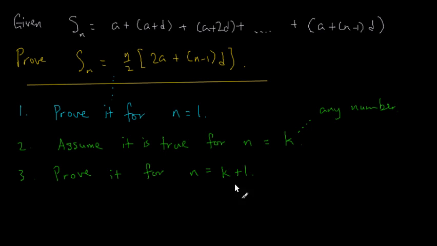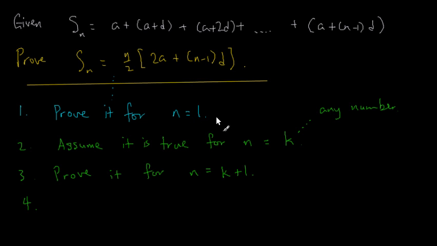So these are the three main steps, and once we can do this, we can then conclude that if it's true for any value of k, it must be true for the next k. Then we have proven that if it's true for 1, it must be true for 2.